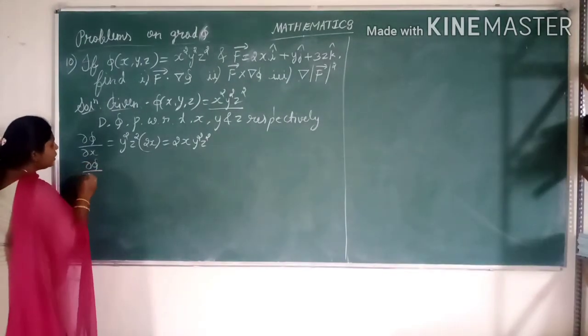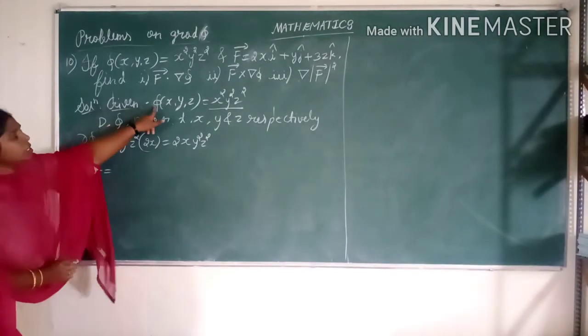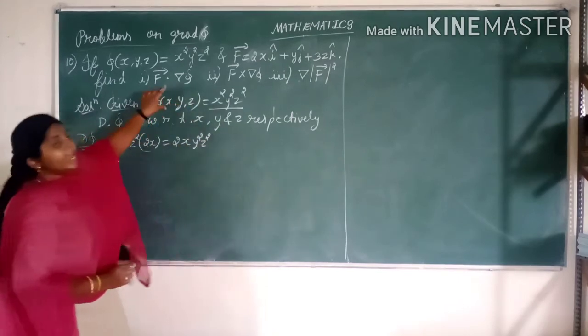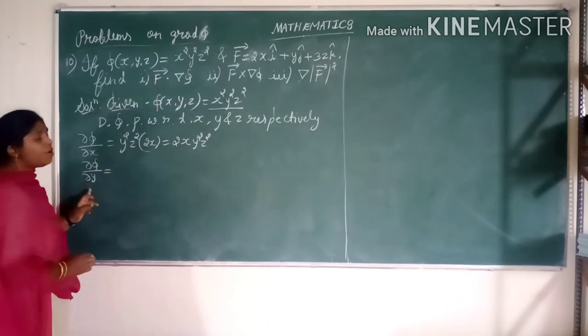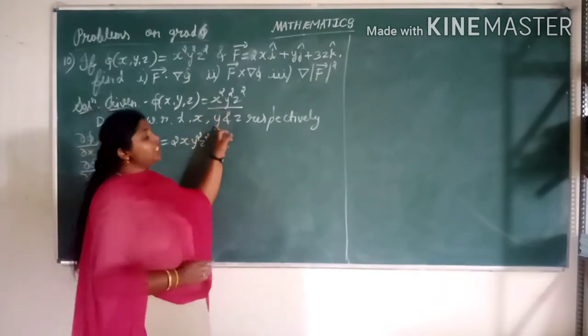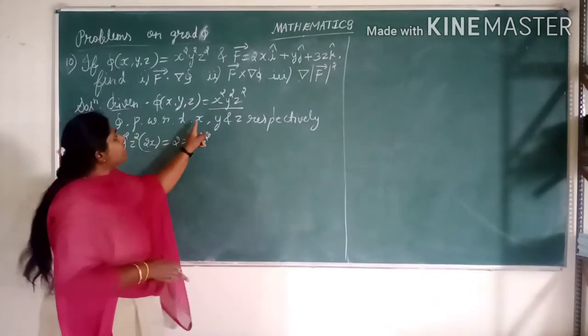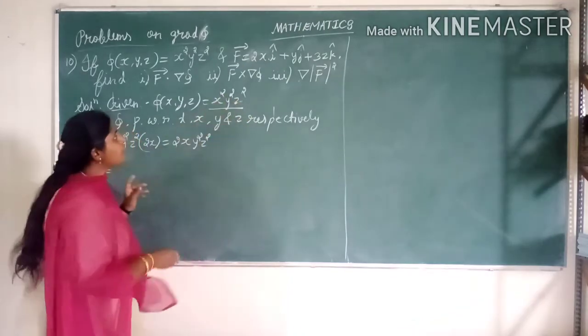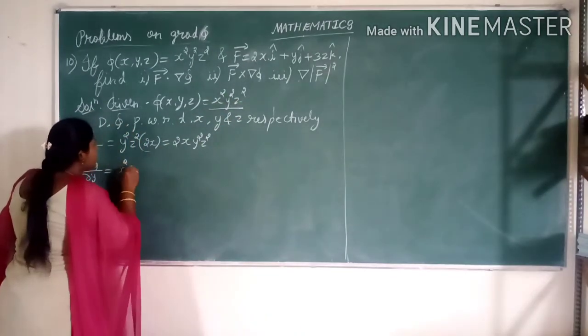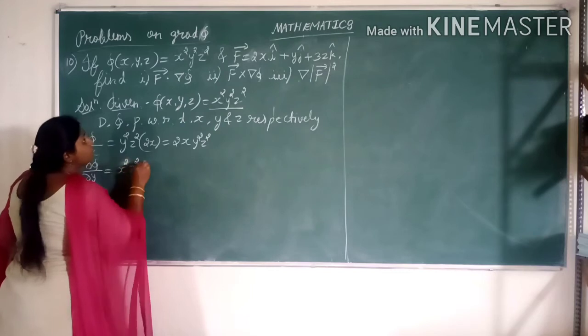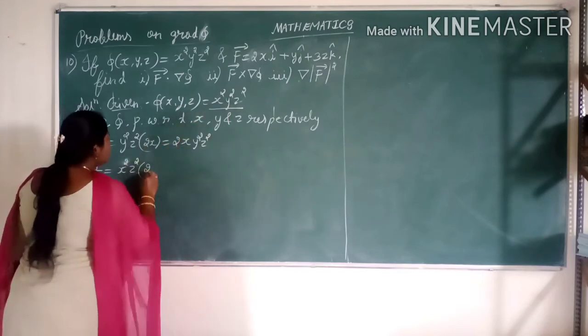Again differentiate: ∂φ/∂y. That means differentiate the function φ partially with respect to y. On the left hand side we get ∂φ/∂y. While differentiating partially with respect to y, which terms do you treat as constant? x and z are constant, so x²z² as it is. The differentiation of y² is 2y.